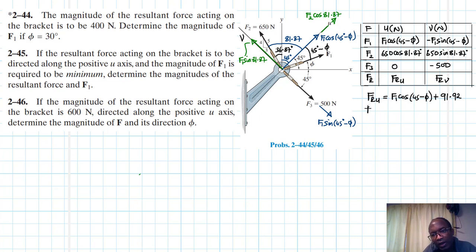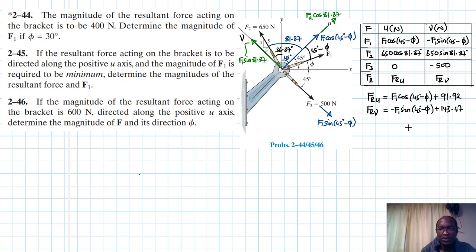And then FRV, what do we have there? We have 650 sin 81.87 minus 500, so this gives us minus F1 sin(45 - 5) plus 143.47.